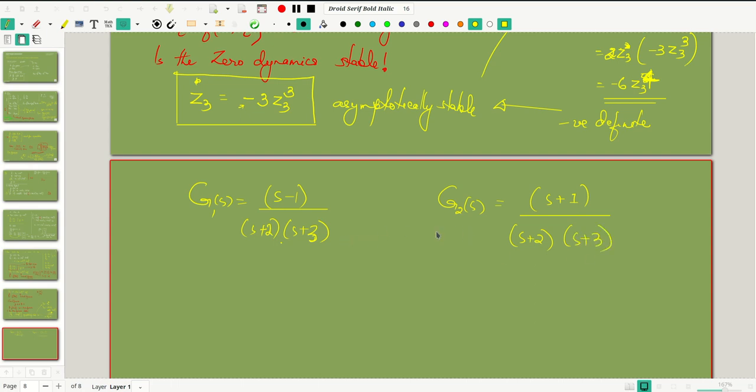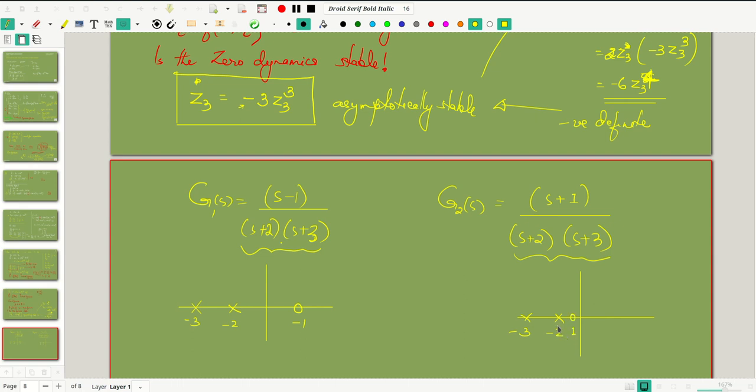Both the systems have the same order and the same poles. Here the poles are at minus 2 and minus 3, whereas the zero is at 1 here, and the zero is at minus 1 in the other.